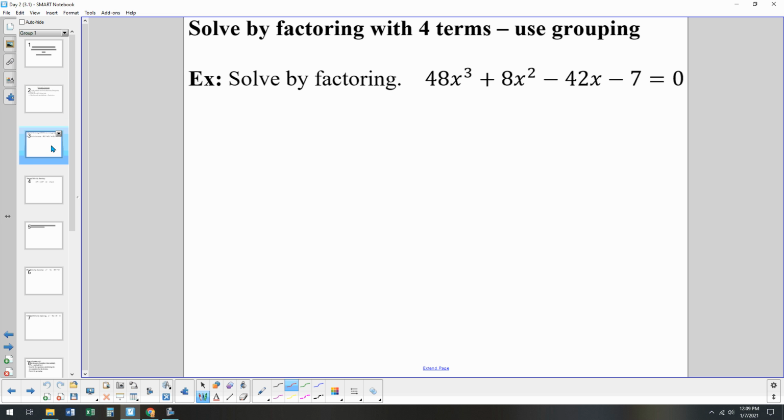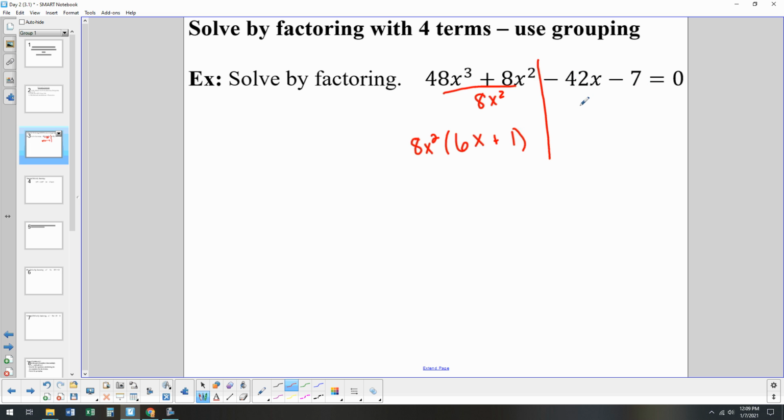So let's start by solving by factoring when there are 4 terms. If you recall, with 4 terms, we're going to use grouping. If I group together my first set, I could take out 8x squared. So 48 over 8 is 6. X cubed over x squared is x, plus 8x squared over 8x squared is actually 1.